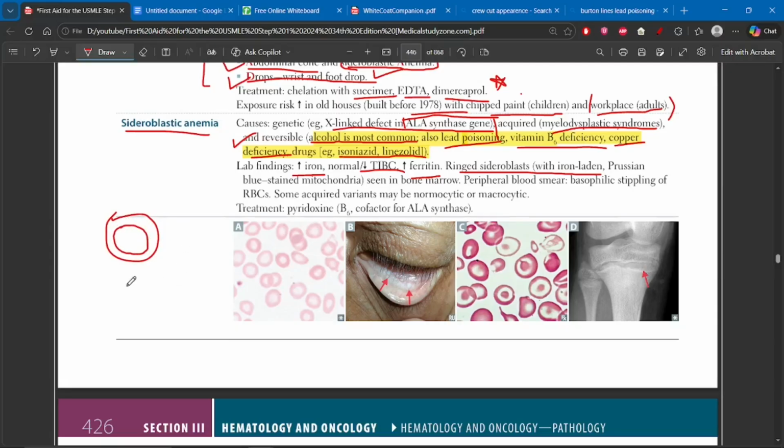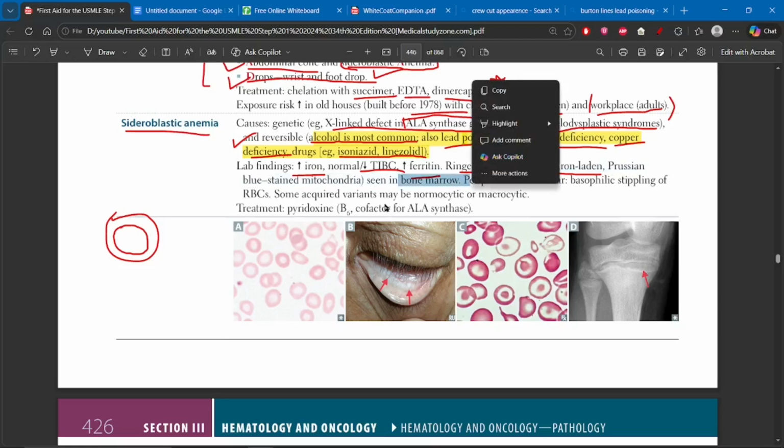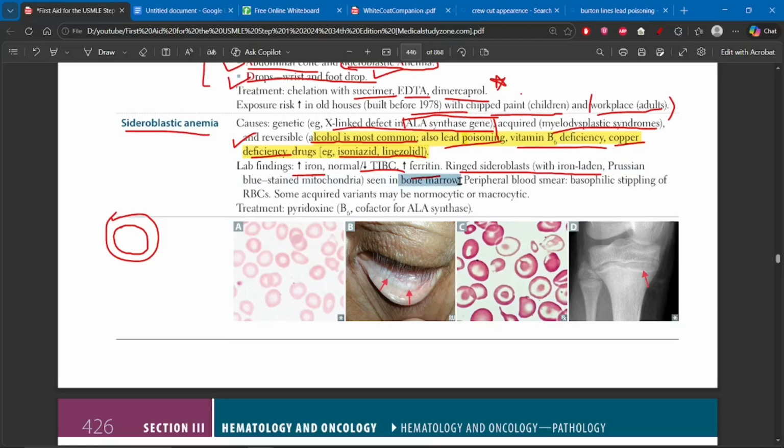So that's why this is known as a ringed sideroblast. If you stain it with Prussian blue, it's going to visualize the iron deposition for you. So using the Prussian blue stain, you can see the deposited iron in a circle in the bone marrow. You have to keep that in mind. This is seen in the bone marrow.